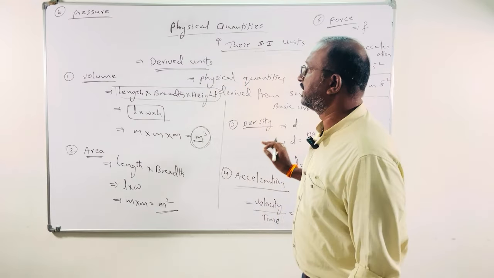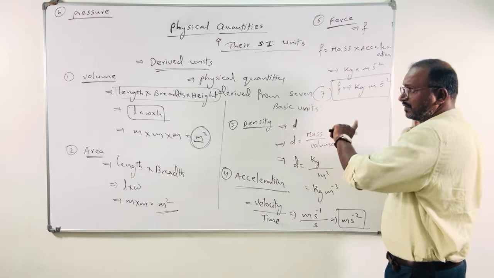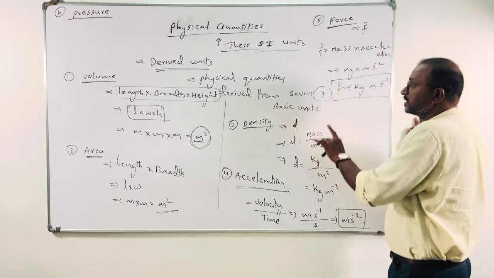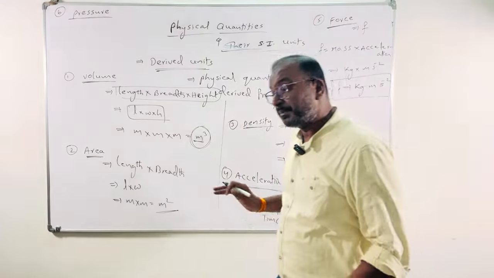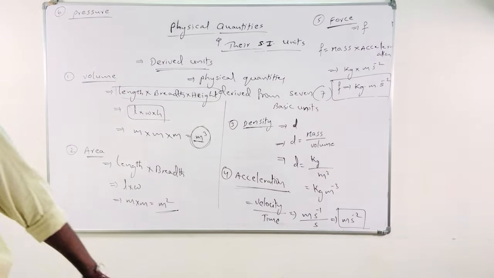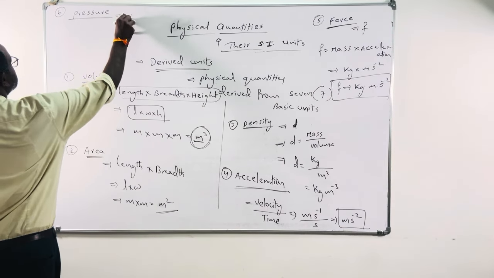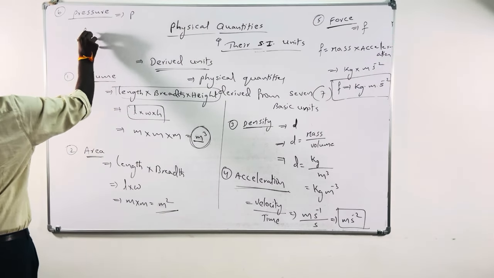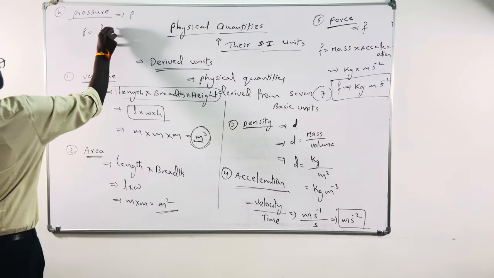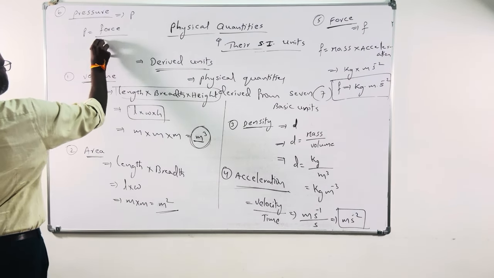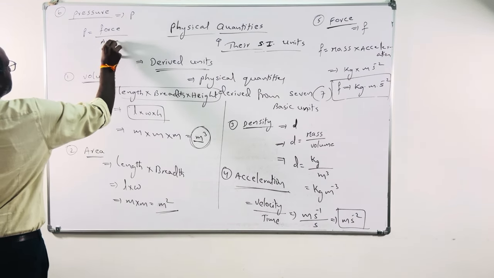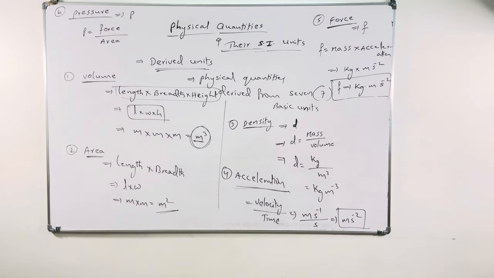It will be derived from other units. Pressure is nothing but force by area. The symbol for pressure is P. P equals force by area, which means the pressure unit has been derived from this formula.